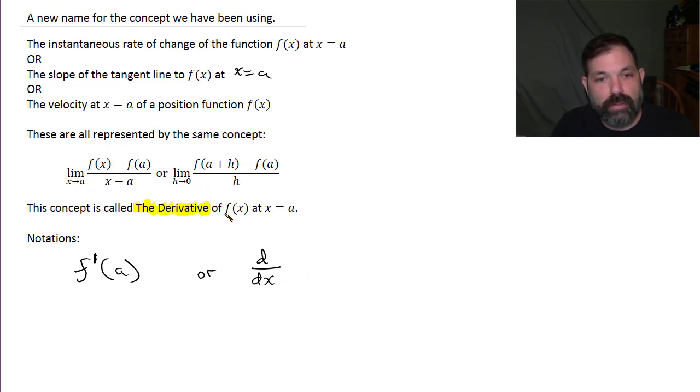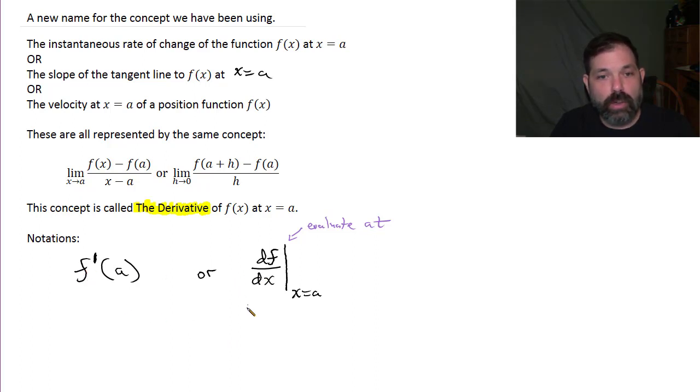And so if we wanted the derivative of f at x equals a, we could say df dx, and then at x equals a, we use a bar to say evaluated at x equals a. This vertical bar is a notation we sometimes use to represent evaluated at.